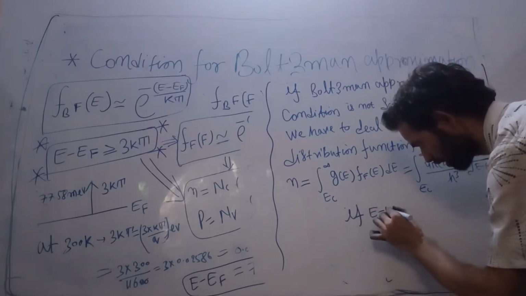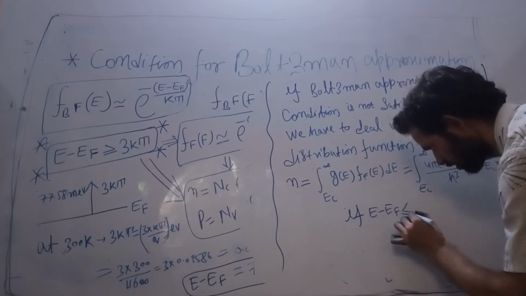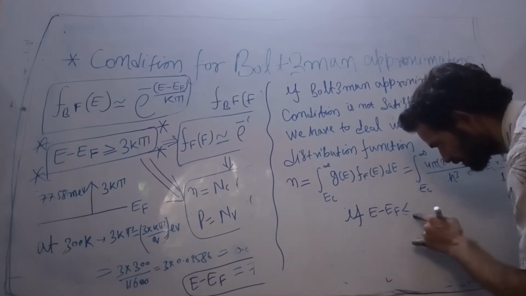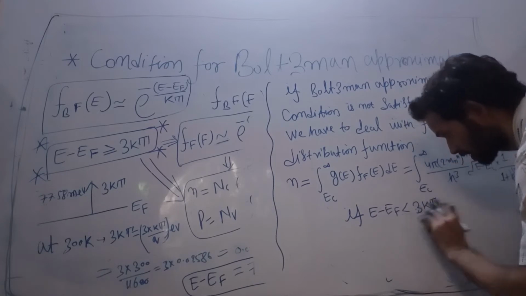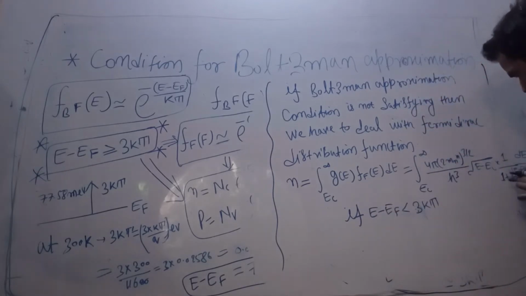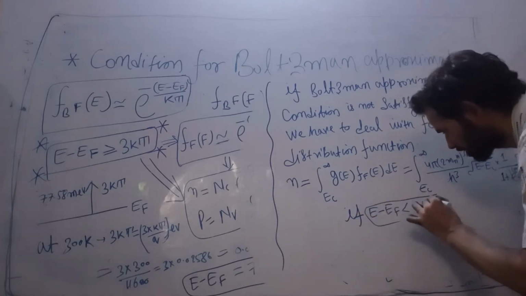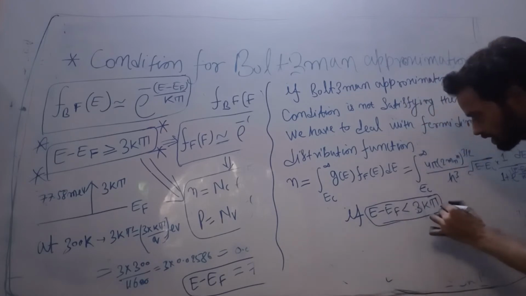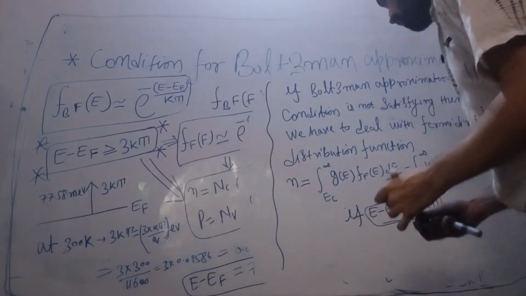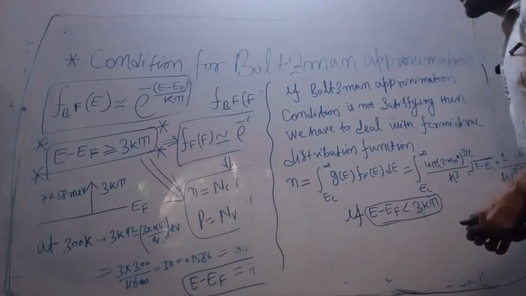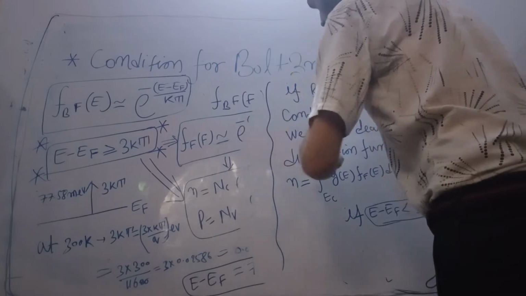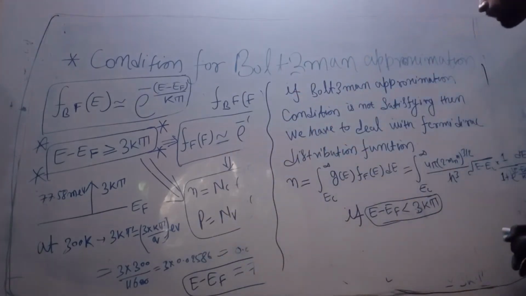If E minus EF is less than 3 kT, then you have to take this into account. You can't neglect this under this condition. We are habituated to this because in 99% of the problems we are doing everything with the Boltzmann approximation only.